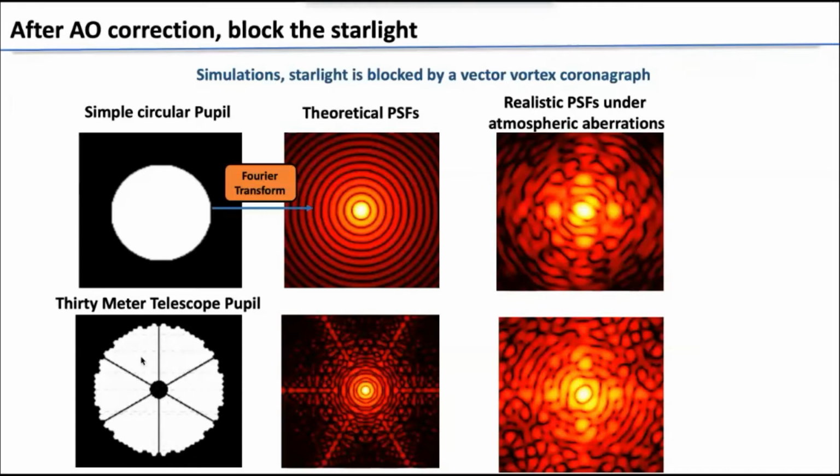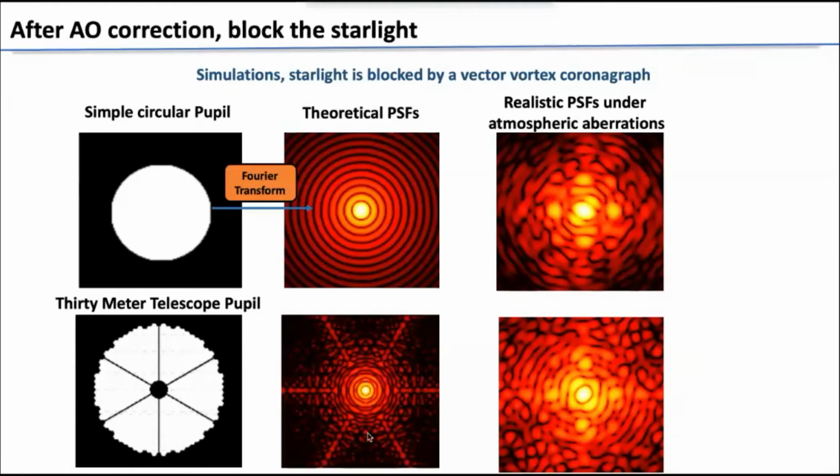So TMT is a 30-meter telescope, which is built by five countries: India, Japan, China, US, and Canada. When you take the Fourier transformation of this telescope pupil, this is the theoretical diffraction-limited PSF. So you see, this is all unwanted. This is really the diffraction pattern, and we can't avoid that. When you block this starlight, you only block the core of the PSF. You can't block these unwanted residuals because of the diffraction pattern.